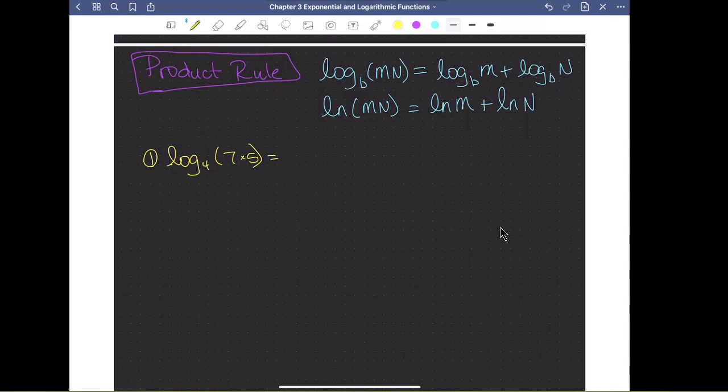So since I'm multiplying, I can separate this into two separate logs with addition, right? So I can have log base 4 of 7 plus log base 4 of 5. So make sure you're always including your bases, right? And then since this was a product, we got the plus going on.